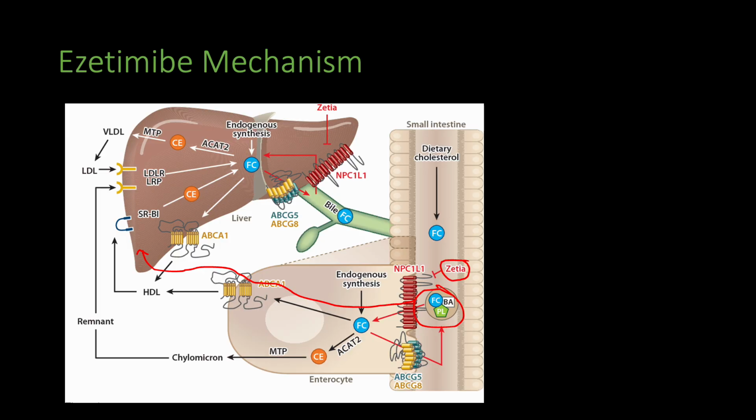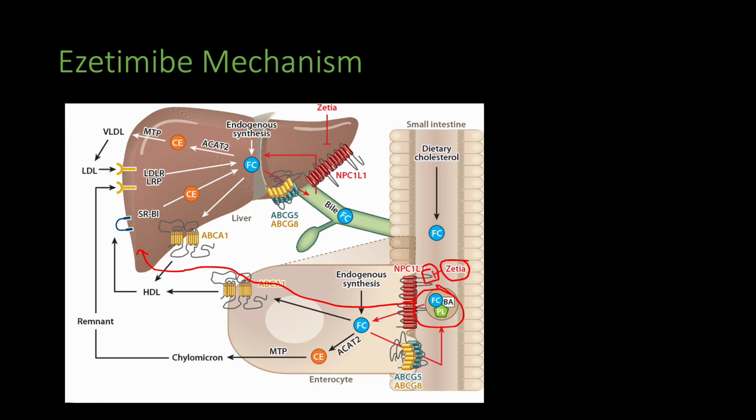So the overall result of the blockade is that it's going to decrease the cholesterol absorption from the gut. It's going to decrease the delivery of cholesterol to the liver. And then the LDL receptors are going to be pulled out of the liver to compensate.